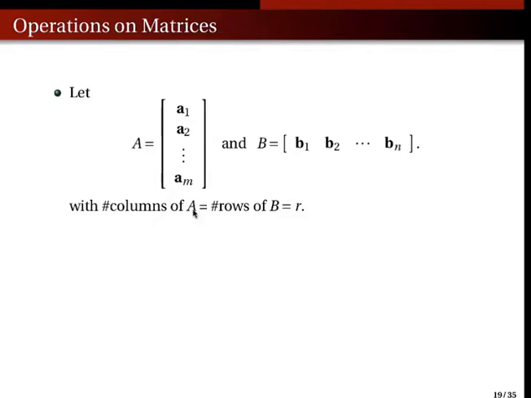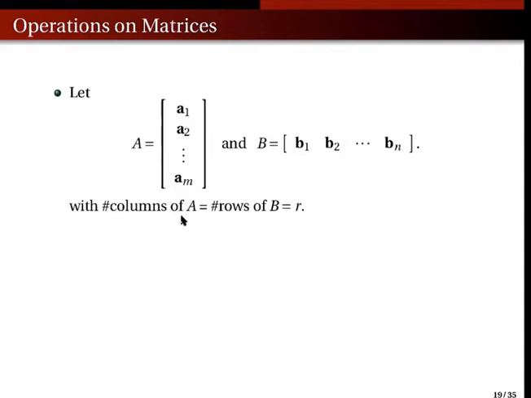We assume that the number of columns of A equals the number of rows of B. What you can see for capital B in this form is the number of columns, but the number of rows cannot be seen. Let us assume they are equal to r. So the number of columns of A equals r, and the number of rows of B equals r.